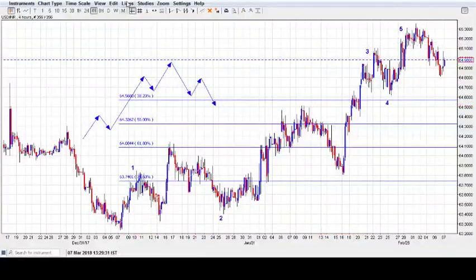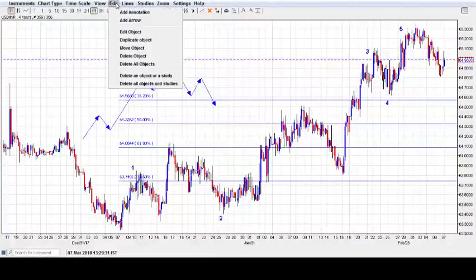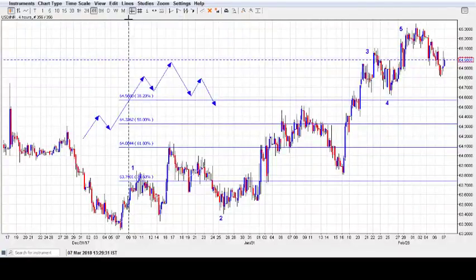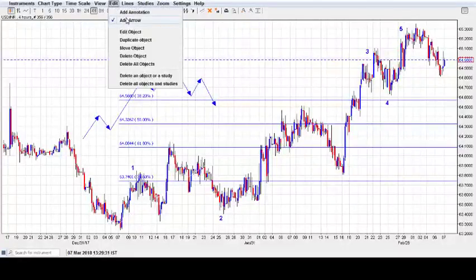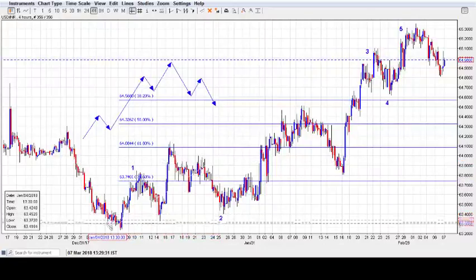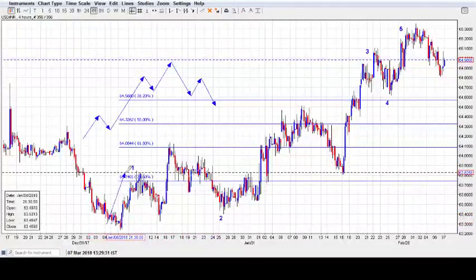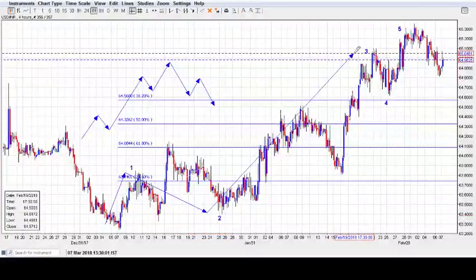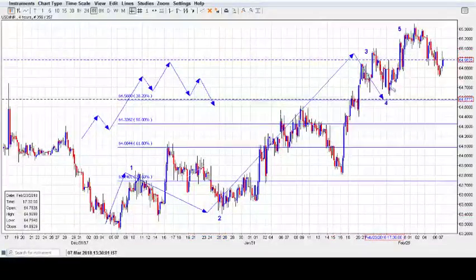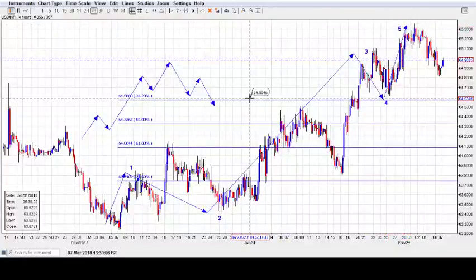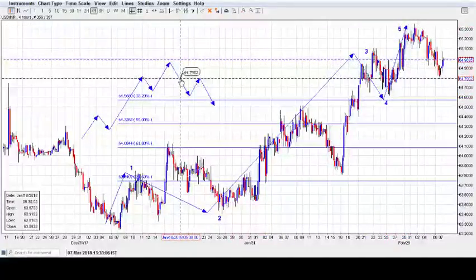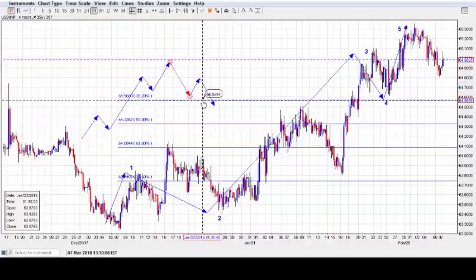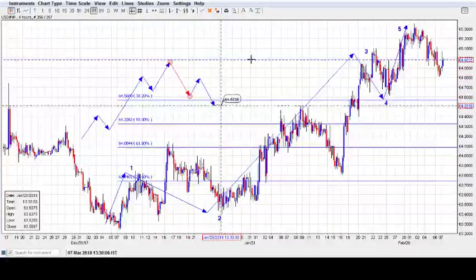So 5 up should ideally be followed by 3 down, and we'll be bringing up updates for this story, and let's see how this story unfolds in the days and weeks to come. Alright, right now I think we are maybe in the first phase of a 3-wave corrective drop.